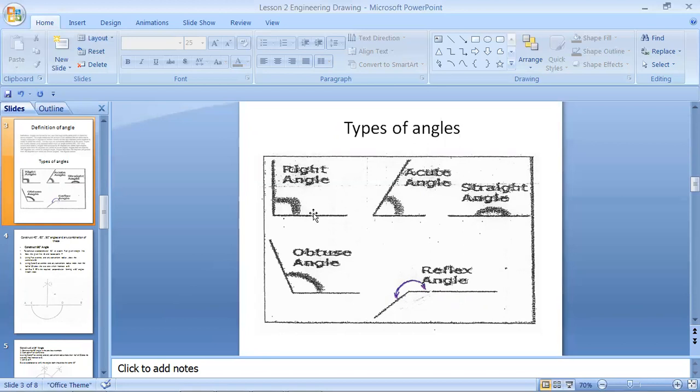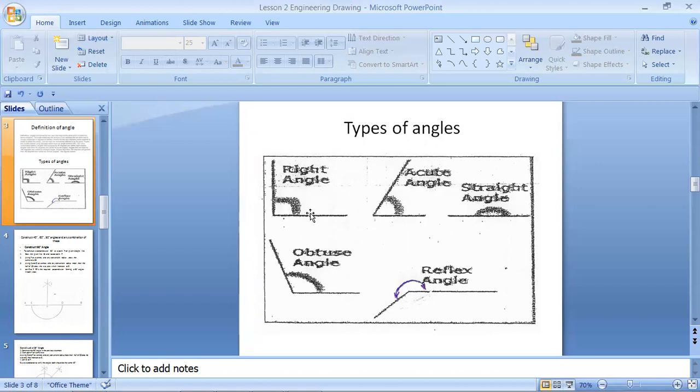An angle is the space formed by the intersection of two rays at a particular point, or the space formed by two rays or two lines sharing the same point. This space here, formed by two lines intersecting at a point, all sharing the same point, we call an angle.